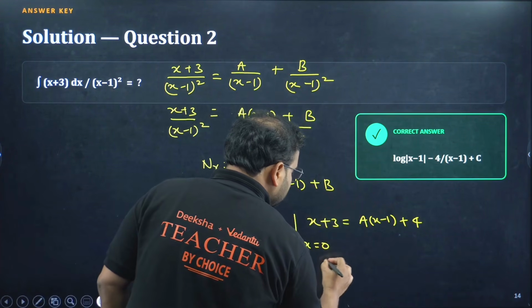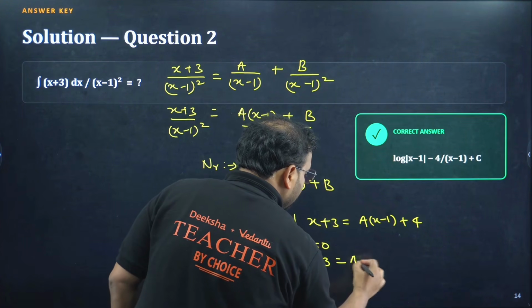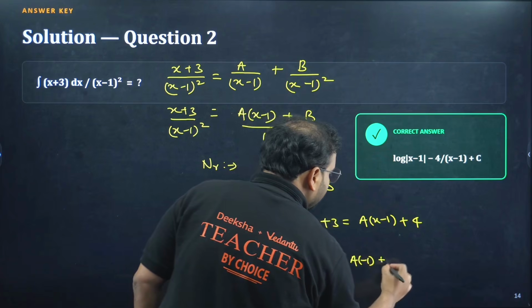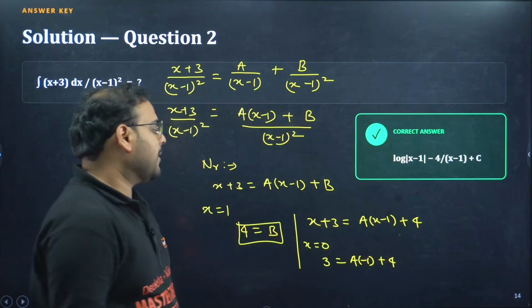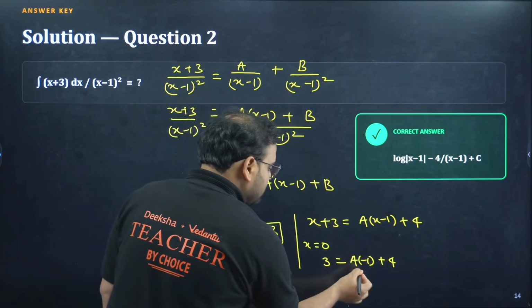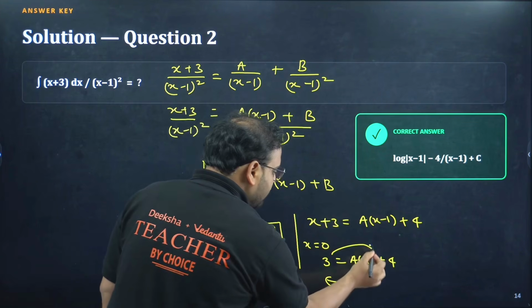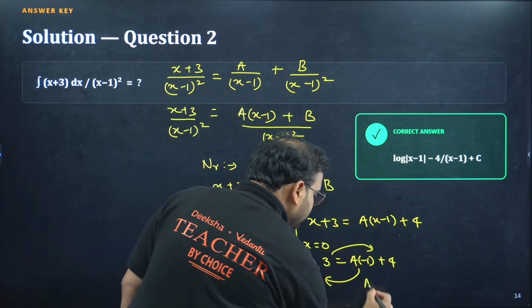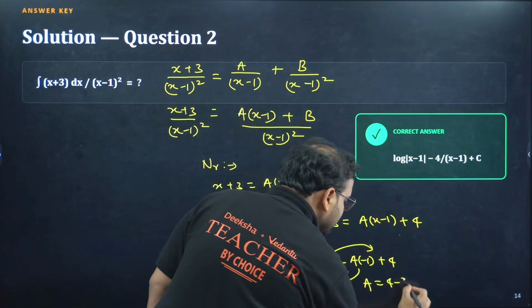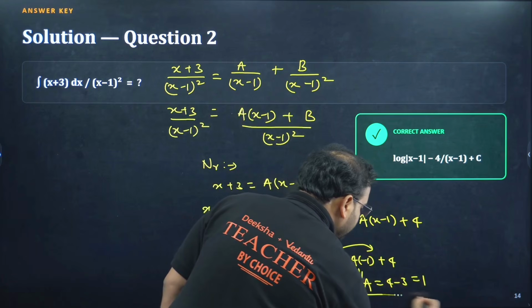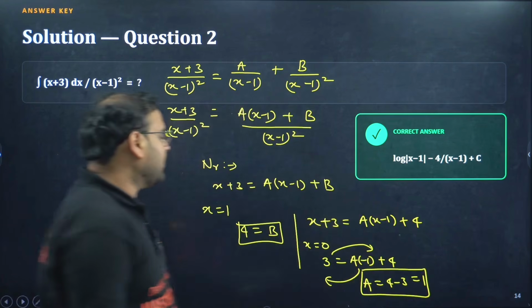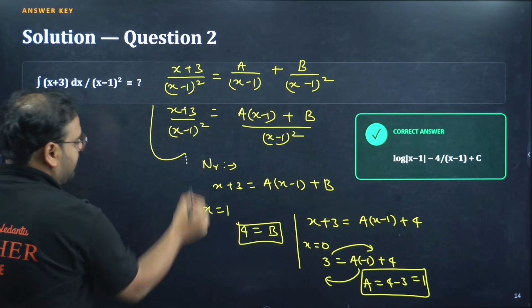We'll get 3 equals a into minus 1 plus 4. Now I'll move this term over here and this term over there, so it'll become plus a equals 4 minus 3, that is 1. So a is coming as 1 and b is coming as 4.